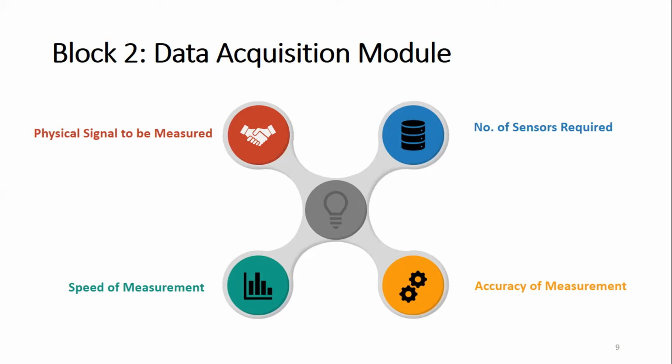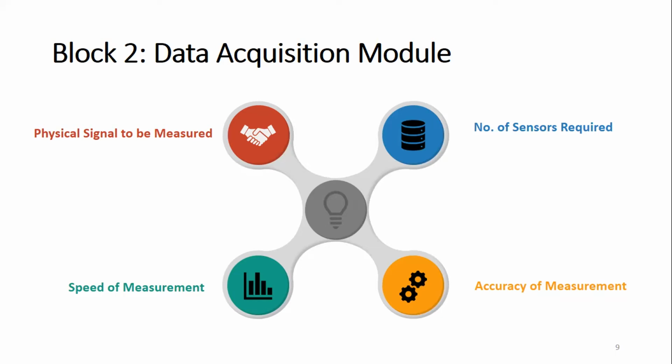The third thing is, how fast should I measure the real world signal? Are we going to send the data at real time, or are we going to store it for a particular period of time and then communicate? Or are we going to take the measurements one particular time within a particular minute, and then we stop measuring that particular signal and again measure it after certain period of time.